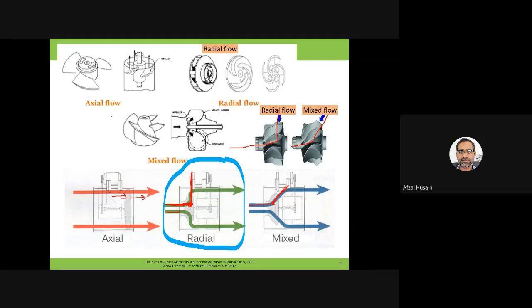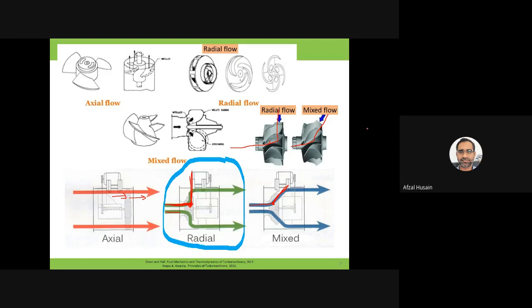So in real life, you will see many kinds of blade designs, and depending upon how the fluid strikes the blade and how it leaves the blade, we can classify them into three major categories of these machines: either an axial flow machine, a mixed flow machine, or a radial flow machine. So why do we categorize them?